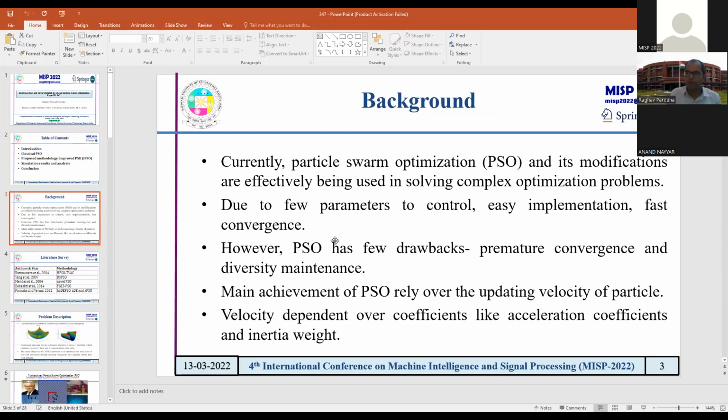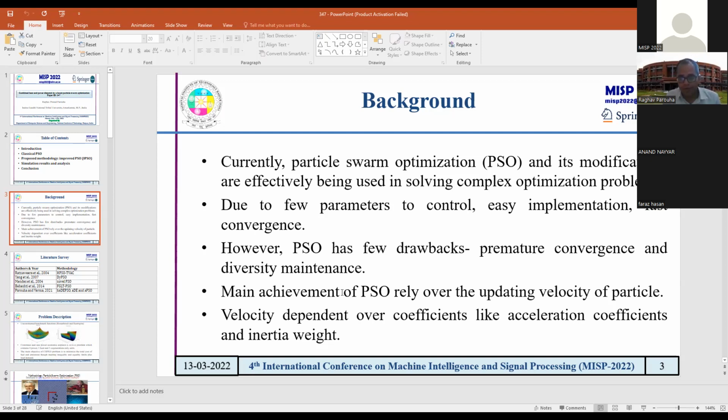So this is the background. If we go for the basic particle swarm optimization, we can see that it needs modification because, though it is very powerful for solving complex optimization problems, it has some advantages like easy implementation and fast convergence rate, but also some drawbacks, premature convergence and lack of diversity.